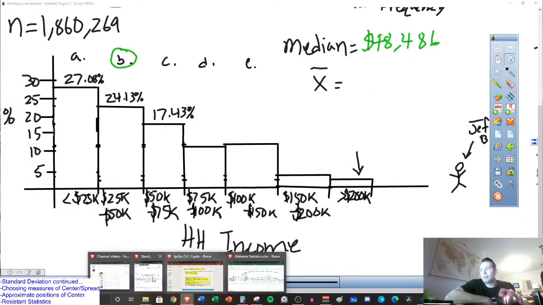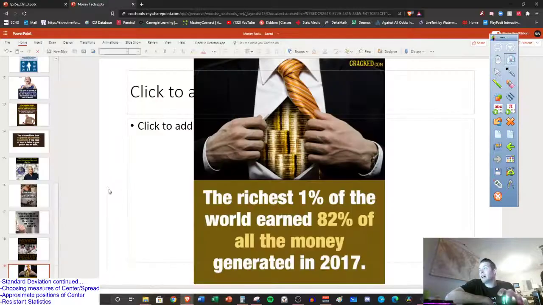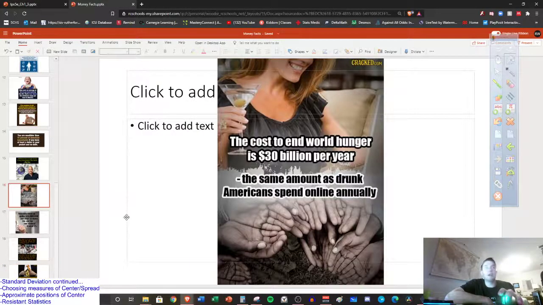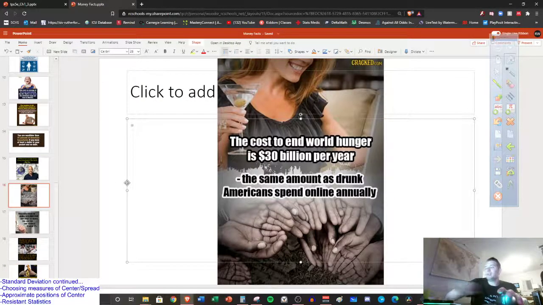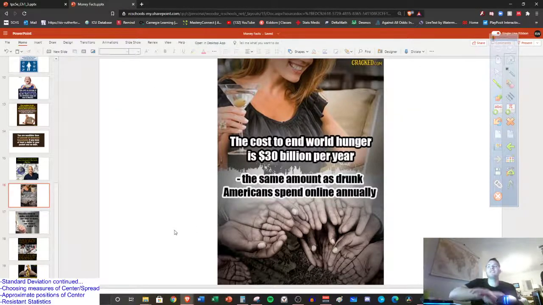I want to show another cool money stat for you guys. Money fact. Kind of a sad one, actually. Here we go. The cost to end world hunger would be $30 billion a year. This is the same amount as drunk Americans spend online annually. So yeah, Bezos is making tons of money annually on Amazon, and apparently, according to this statistic, people just shop online when they get drunk, okay, and they're impaired.